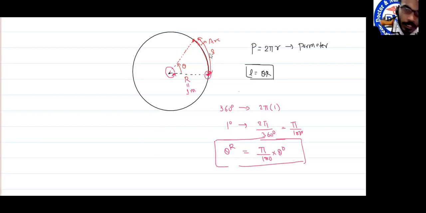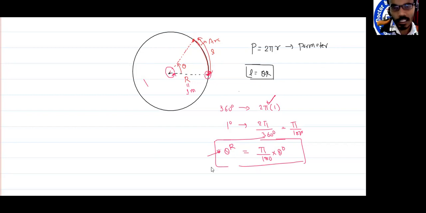For 360 degrees, the length of this circle is 2 pi r. So for 1 degree, 2 pi by 360. For this angle theta, the length is pi by 180 into theta in degrees. So this length is called theta in radian.